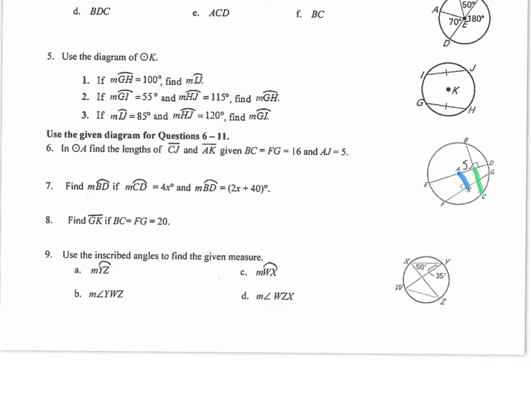So AJ equals 5, and I know this chord and this chord are congruent, and they both equal 16. So since they both equal 16, and it's perpendicular to my diameter, I know CJ is going to be 8 because it's half. I know AK is the same distance as AJ because the center is equidistant from congruent chords, so AK is 5.